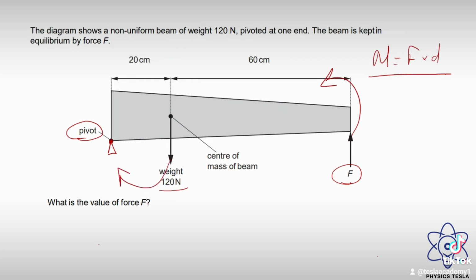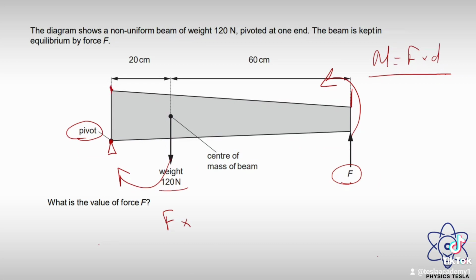As you see, they are opposite directions, so these force moments, force multiplied by distance. Okay, what's the distance here? We say that the distance must be from the force until the pivot.